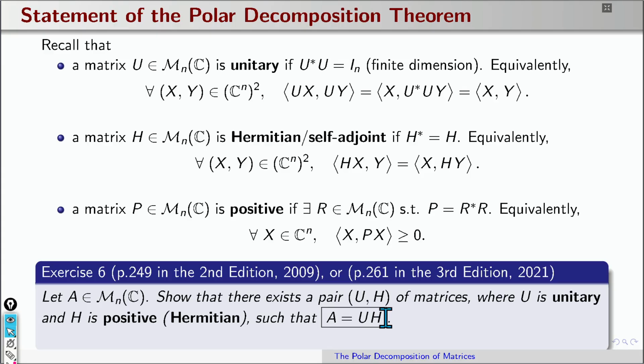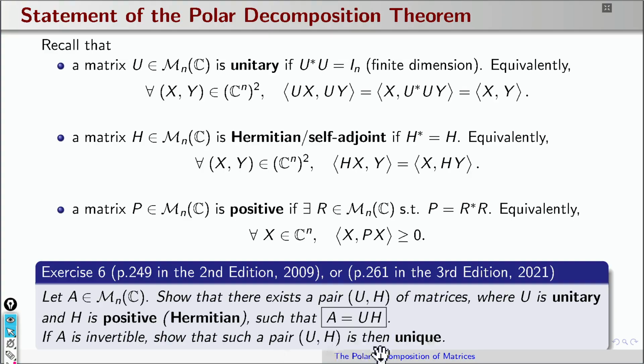H is the modulus. In fact, U is called the phase and H is called the absolute value. And a unitary matrix, you can show that it can be written as exponential of i times a self-adjoint matrix. So it's really like the complex polar decomposition. If A is invertible, then this pair is unique.